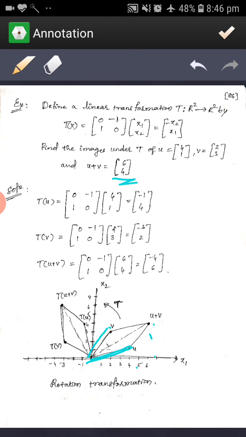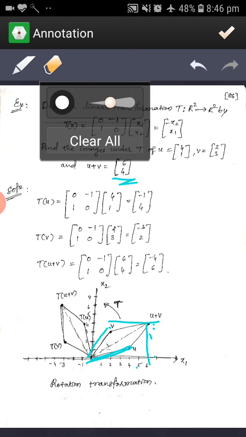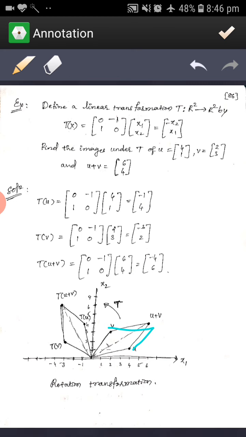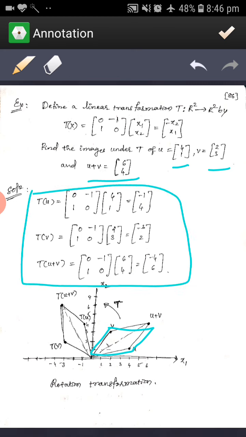This is 6 and this is 4, so (6, 4) is here. This is the normal image with the vectors u, v and u plus v. After the transformation, after all these operations, the image will become like this.